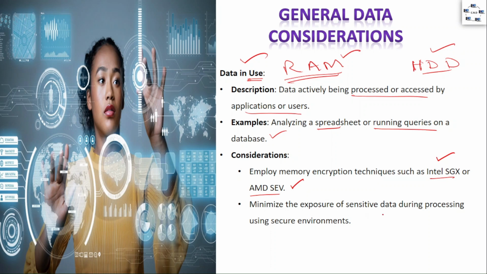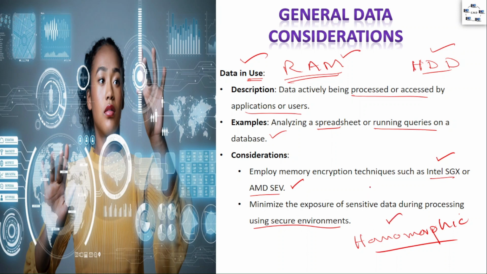Minimize the exposure of sensitive data during processing using secure environments. We already studied that for protection of data during use, you can also use homomorphic encryption. It is the type of encryption in which, when the process or the application uses the data, it is used in encrypted form.